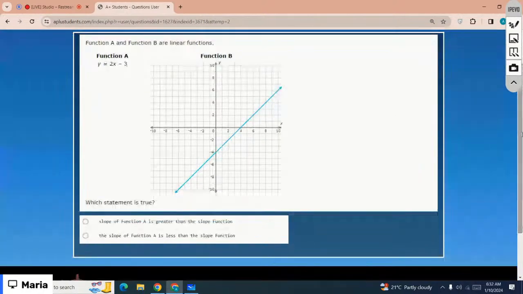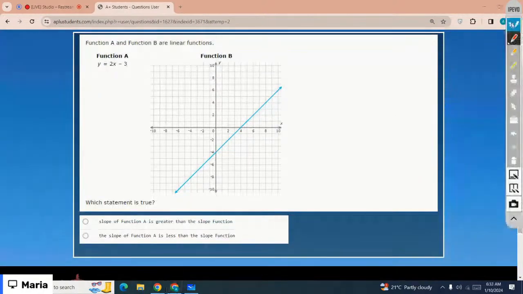Slope of function A is greater than, basically that is a comparison between the slopes of both the functions. So for this one, compare y equals mx plus b. So m equals 2, slope is 2. Now to find the slope of the graph, you can use any 2 points and calculate the slope. This one and this one, that is 1 over 1.